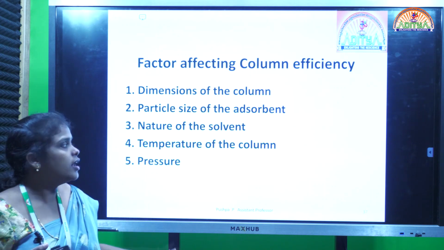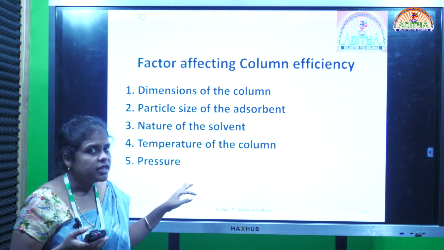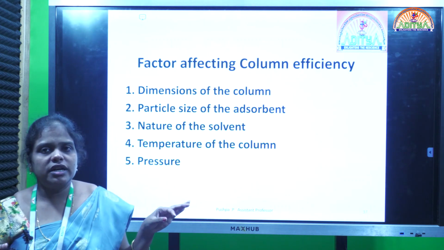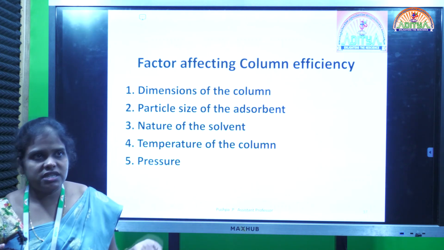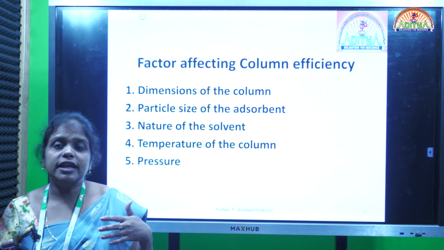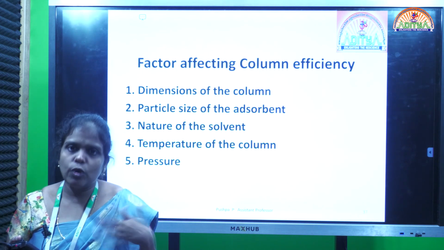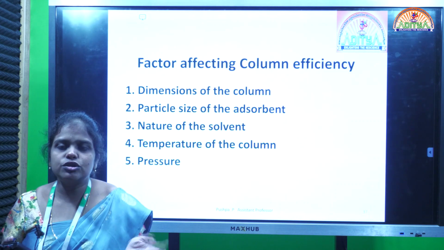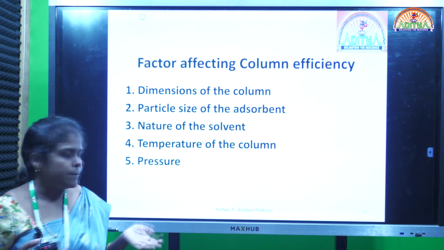That's why if you increase the temperature, there will be more solubility of the sample in the stationary phase and the mobile phase, and because of that, more partitioning occurs, leading to better separation of the sample.